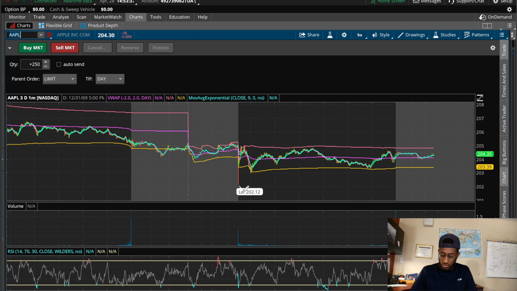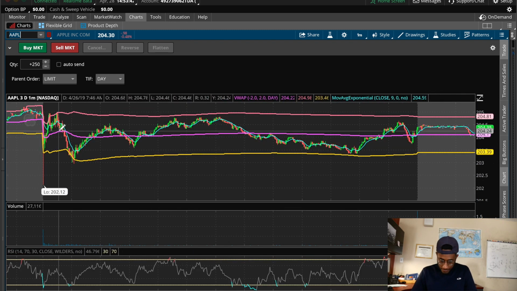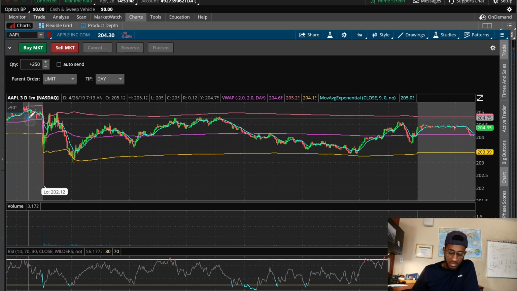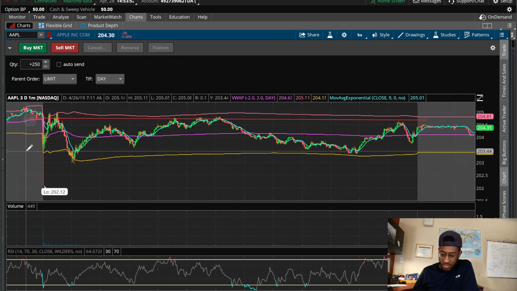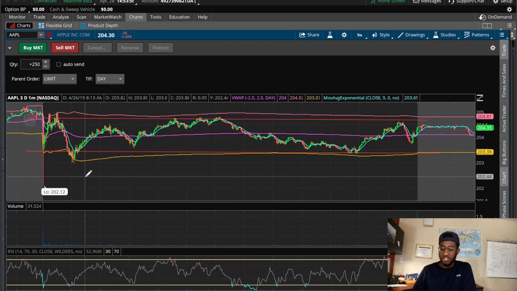Let's look at Apple stock real quick. See, Apple is now trading in between both indicators, which shows that it's consolidating. It has a resistance right here and a support right here, so it basically just stayed sideways. These are stocks I'm going to stay away from most of the time, even though they are good to take part in.